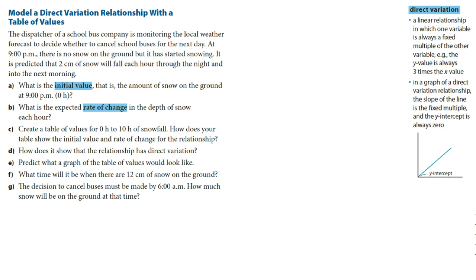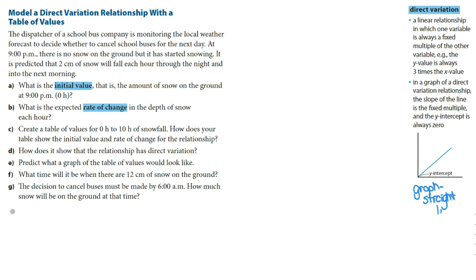The important parts to notice about a direct variation are that in the graph, the slope of the line is a fixed multiple and the y-intercept is always 0. What that means is that the graph is always a straight line. That's what it means by the slope of the line being the fixed multiple.